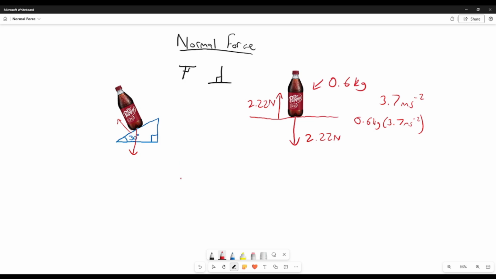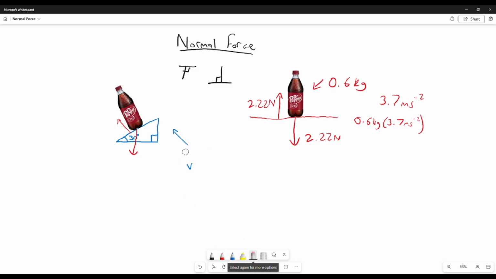So to figure out our normal force, we'll go ahead and draw a force diagram. We have our bottle of Dr. Pepper's weight downward and our normal force. So we need to find out what this force is. Well, I would recommend shifting your frame of reference so that the normal force is directly up.